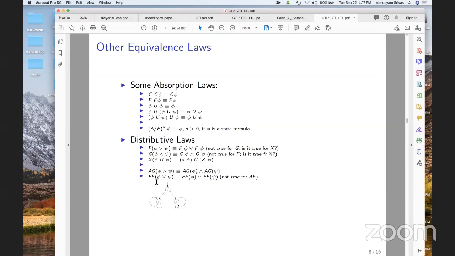And somewhat for similar reasons, this is true of E of F. E of F distributes over phi or psi, but it's not true for A of F. If you replace E with A, then the distribution property over OR does not hold good.